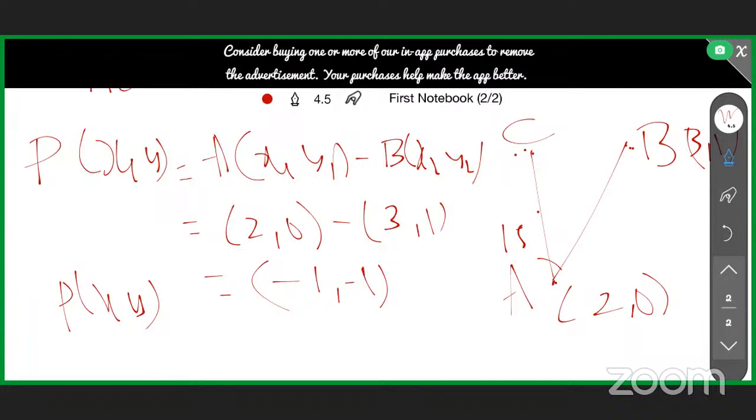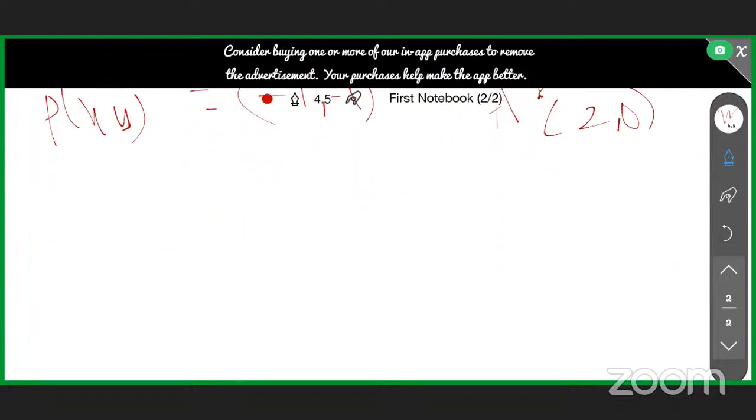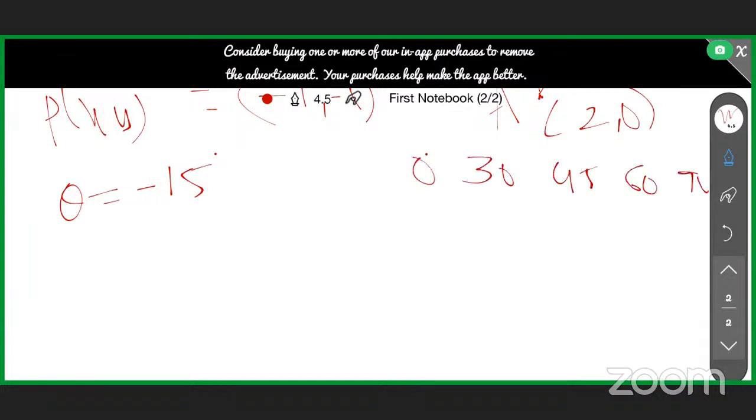Do you understand? Now I have taken my arbitrary point (-1, -1). Now the angle is rotated with an angle theta, theta is equal to 15 degrees. Last time itself, when I was teaching trigonometry, I told you to not only learn the standard angles of 0, 30, 45, 60, and 90, but also some values of 15 and 75. Yes or no?